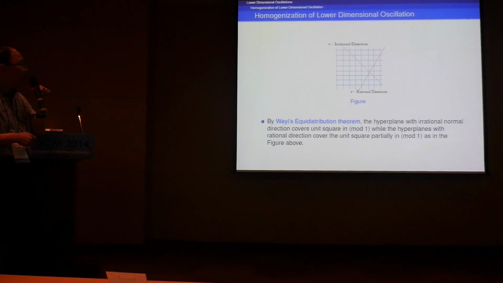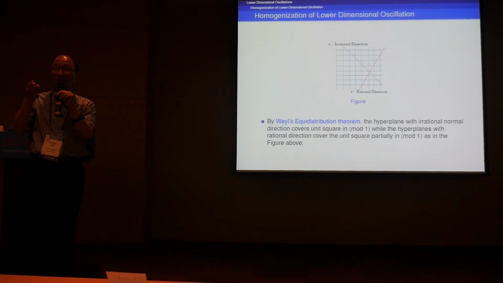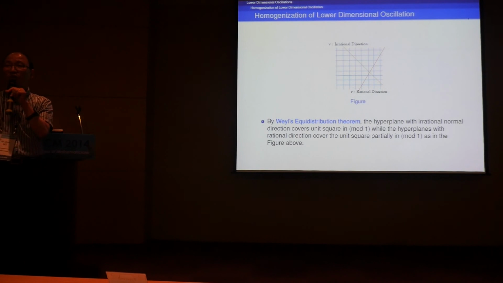In other words, if you change this plane in the model 1 picture, then this plane will cover the unit cube only partially. So my boundary, the boundary data, is covered only partially.